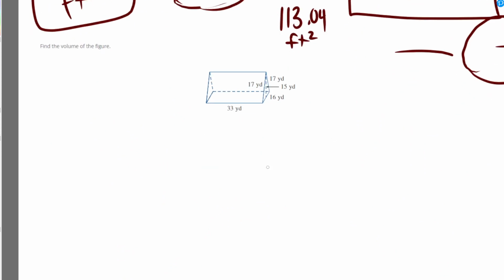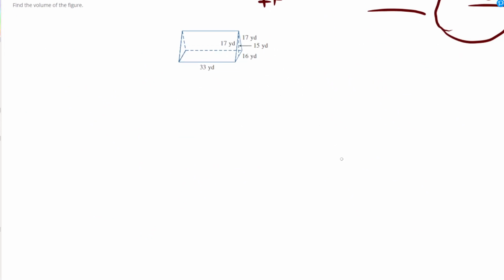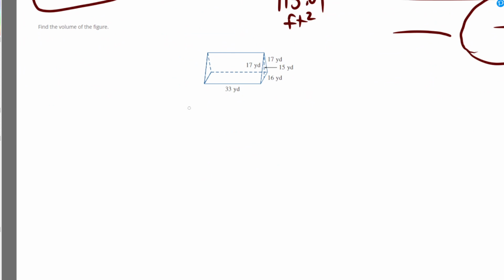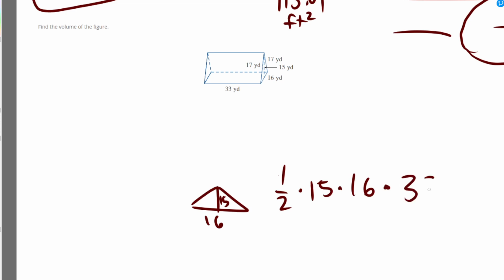This one's asking us to find the volume of the figure. We will also find the surface area of this as well. So the height of one of these bases is 15, and 16 is our base. So what we can do is 1/2 times base, which is 16, times height, which is 15, times our length, which is 33.